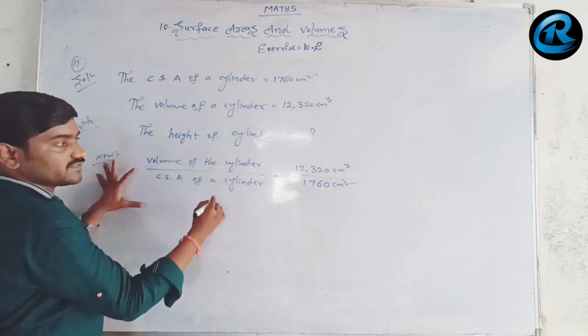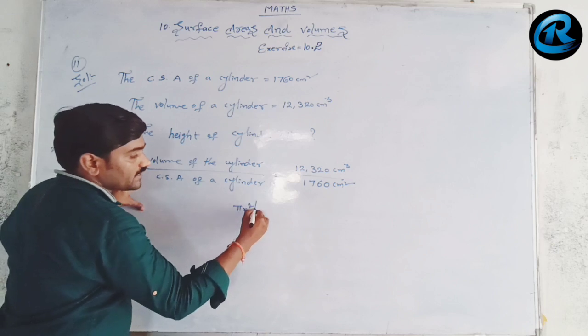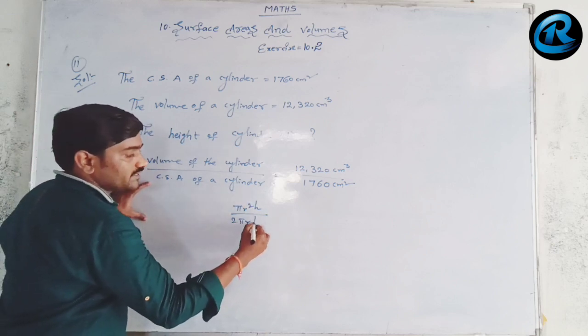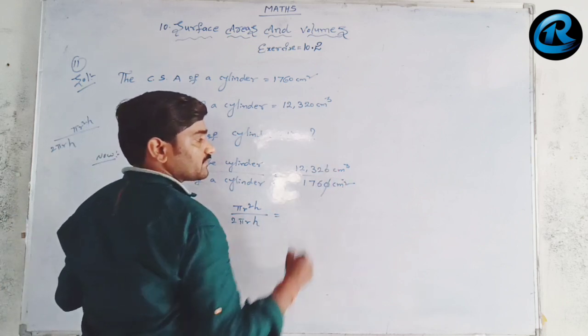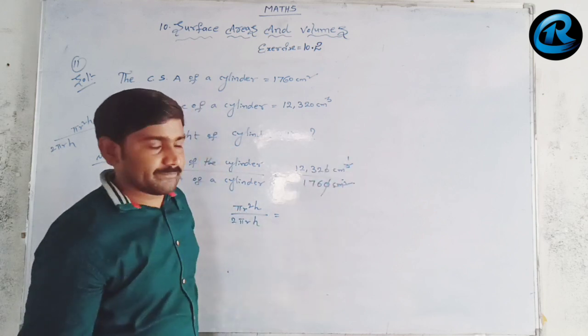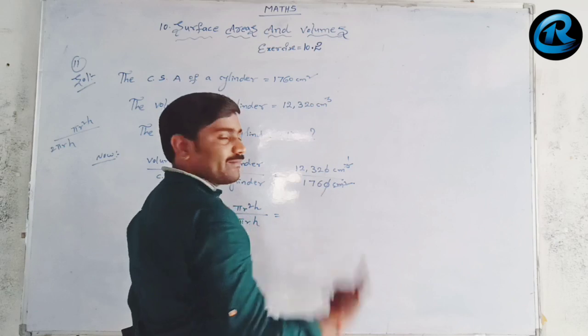Here also we substitute the formulas: the volume formula pi r square h by 2 pi r h. Let us cancel here. The 0 gets cancelled, here 2 cancelled, 1 left. Here 3 centimeters are there, from the 2 we have cancelled, 1 more centimeter left.